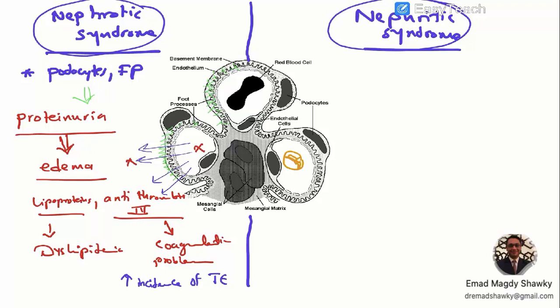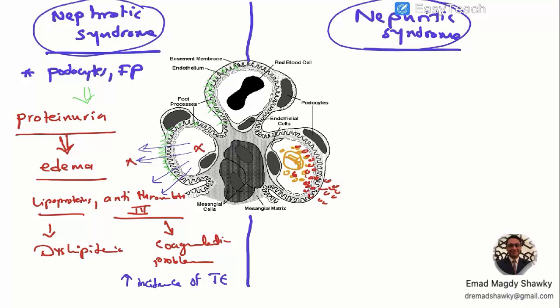Those immune complexes have the ability to recruit white blood cells, different types of white blood cells around this area, causing inflammation, and this inflammation will cause destruction and disruption of these endothelial fenestra. And so the blood will come out from the capillary space to outside.